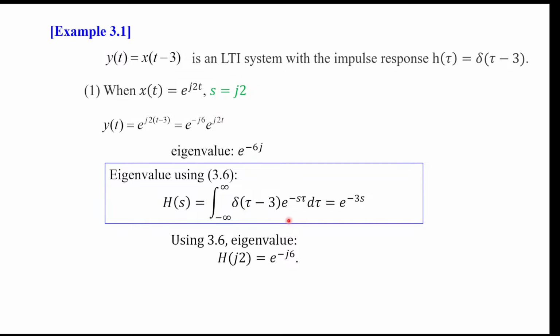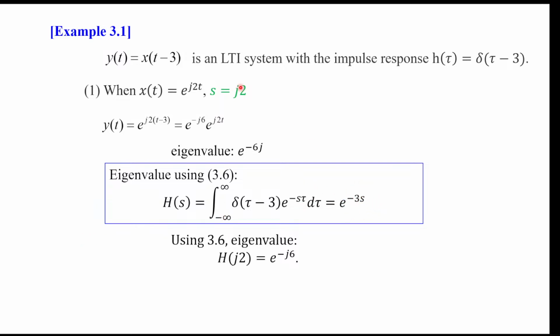You do this integration and it sets tau equal to 3, so it's e to the minus 3s.